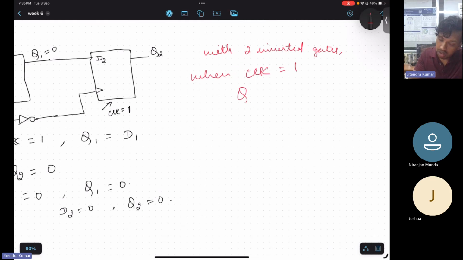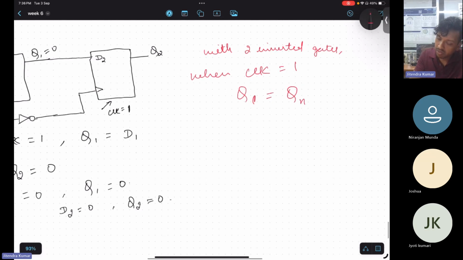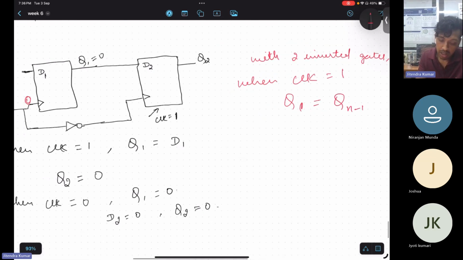If clock is not there, then your Q1, Qn plus 1, okay, Q1 is equal to Q bar or Q dash. That is just to identify that it is previous state, or let me write it as Qn minus 1. Okay, it will be previous state.